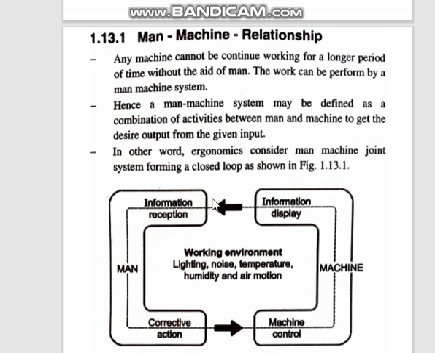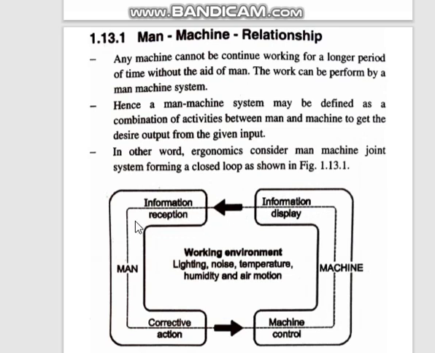Or suppose he is riding the motorcycle, and suddenly an old lady is crossing the road. He has to take a corrective action. He has to apply the brake. He applies the brake. That is the machine control. And then the machine immediately slows down, and this slowing down information is fed to man again.